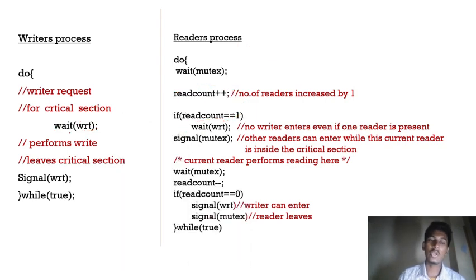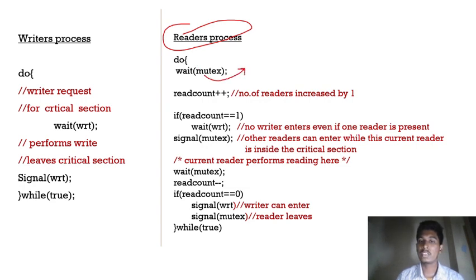We have seen the case where we start with the writer process. Now consider we start with a reader process. The mutex is at first 1 and it is changed to 0, since wait of mutex will decrement the value. So wait of mutex will be 0.